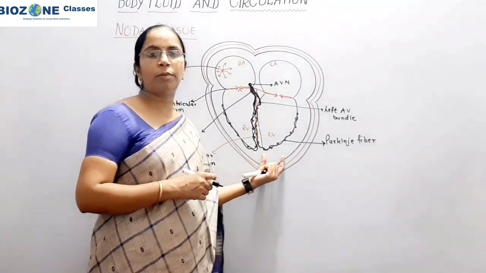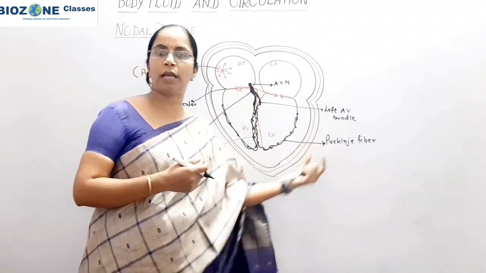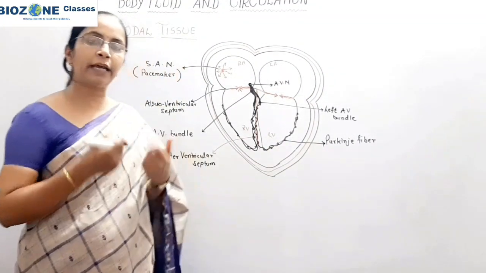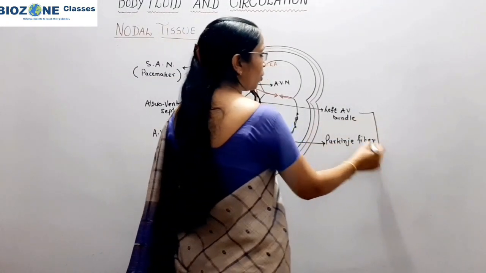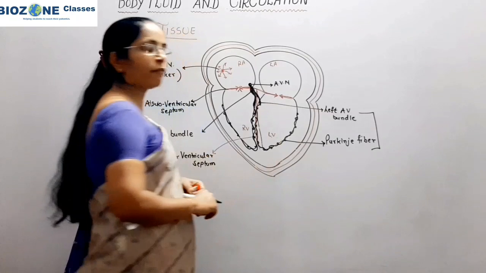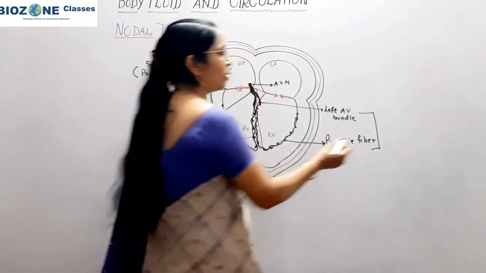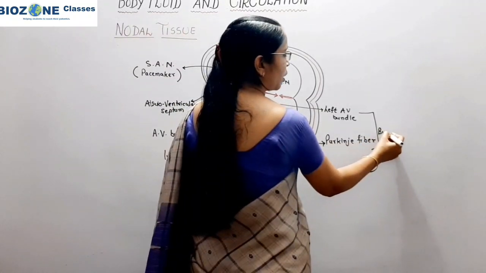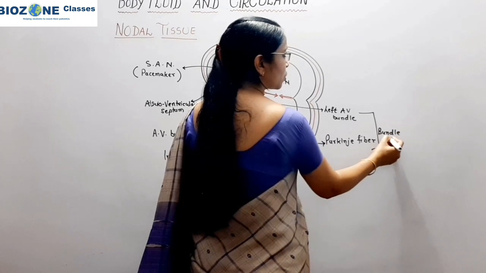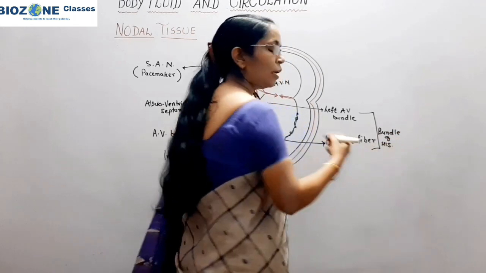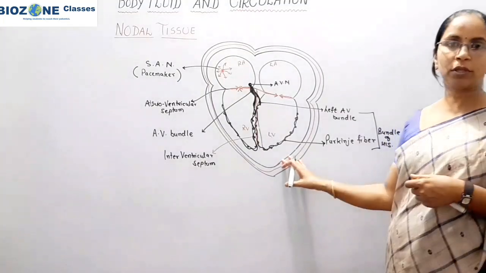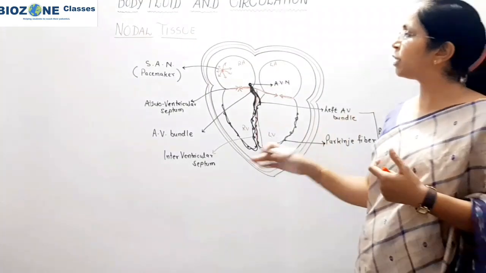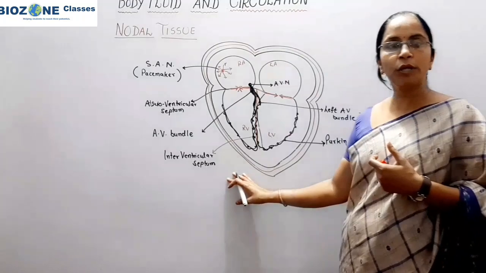So it develops in the ventricular musculature with the help of the Purkinje fibers, and as we studied previously in this session, the right as well as left AV bundle plus the Purkinje fibers are combined and called the bundle of His. So students, you can go through this diagram, the simplest explanation for the nodal tissue, and this is all about nodal tissue.